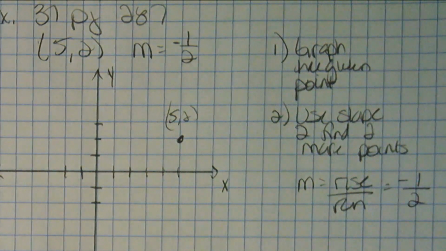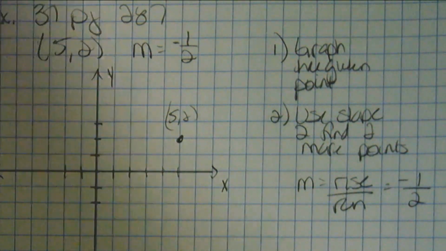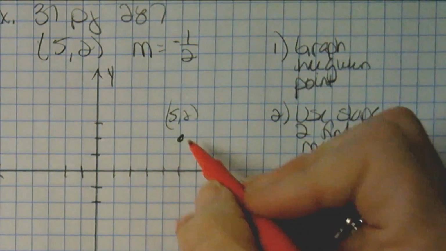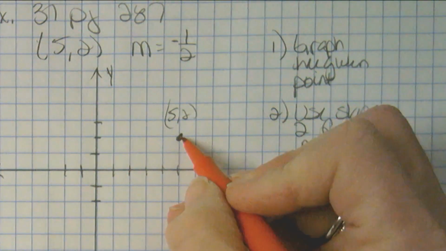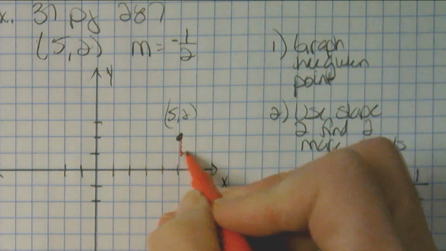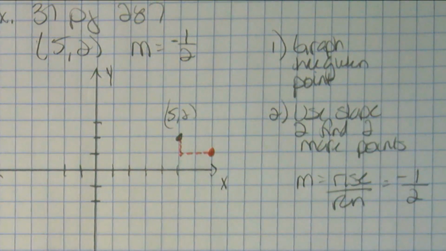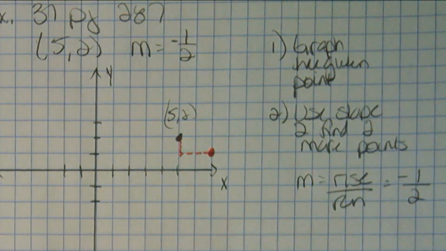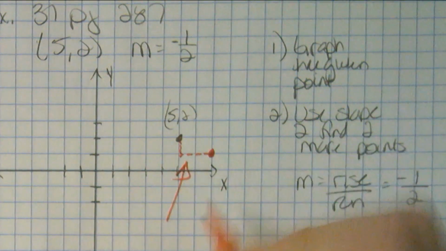I'm going to do this in red. I have to see this work. I'm going to start at this point. I'm going to go down 1, because there's my rise of -1, to the right 2. There's my first point. I have to see this slope work. That slope work is required.